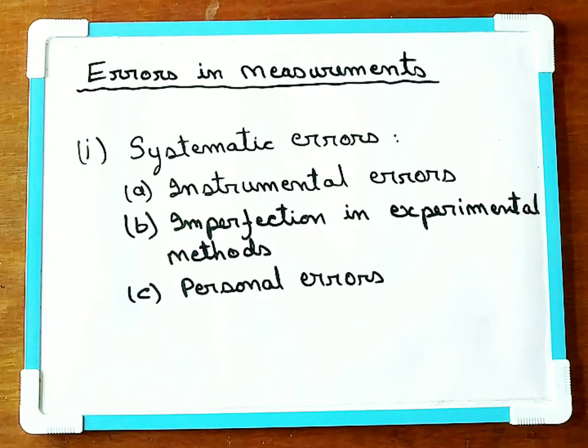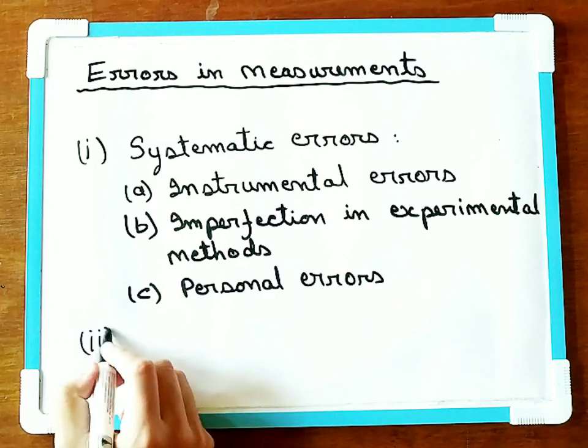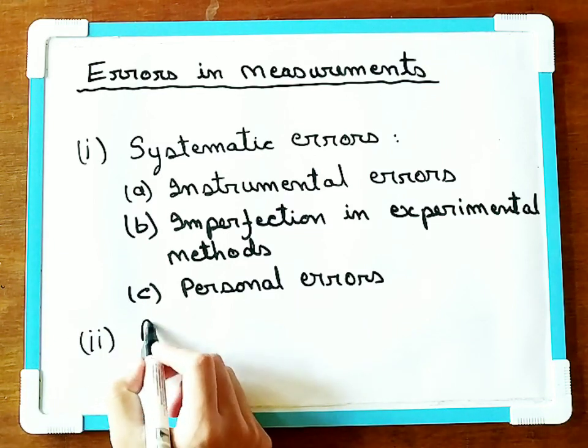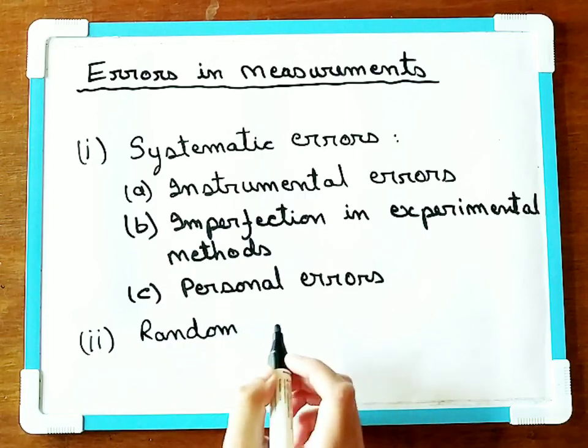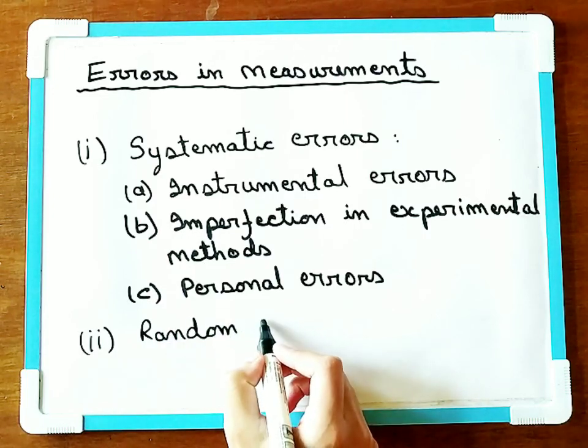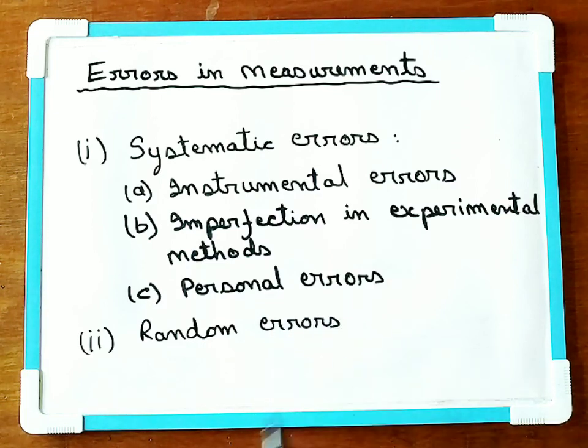Then the next type of error is known as random errors. These random errors are unknown errors. We do not know the source of the errors.